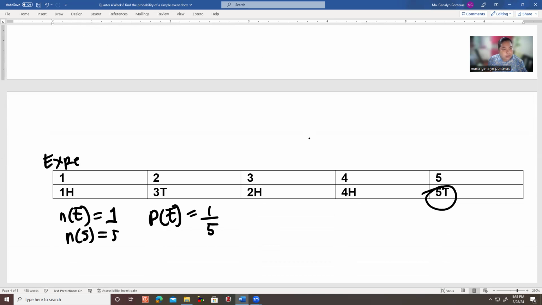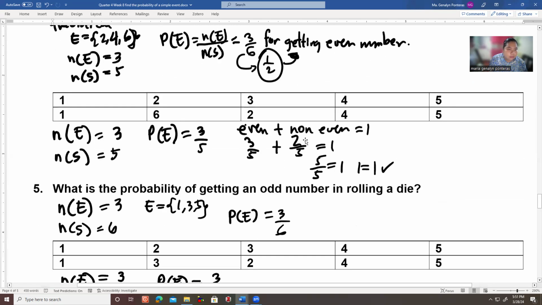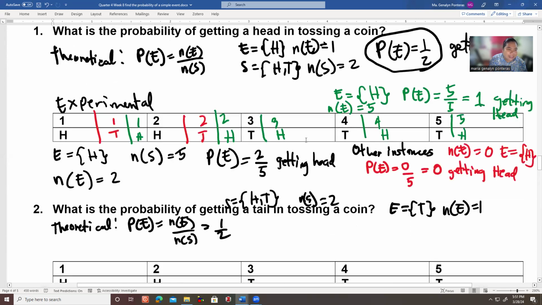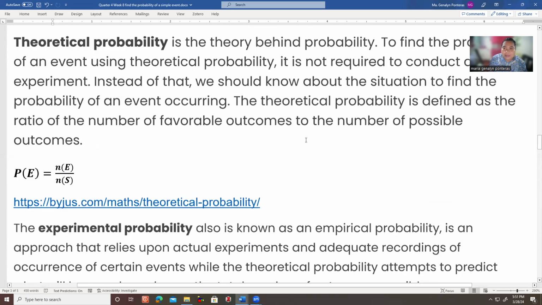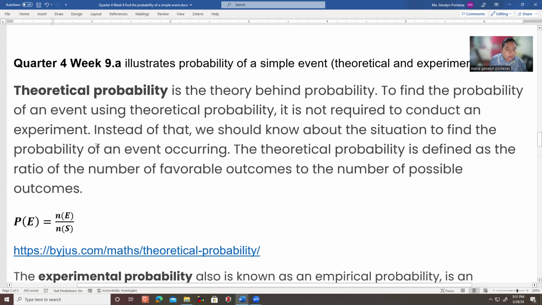So again, theoretical probability is based on the ratio of the cardinality of an event to the cardinality of the sample space. So when we talk about theoretical probability, the probability of an event is equal to cardinality of event over cardinality of sample space.